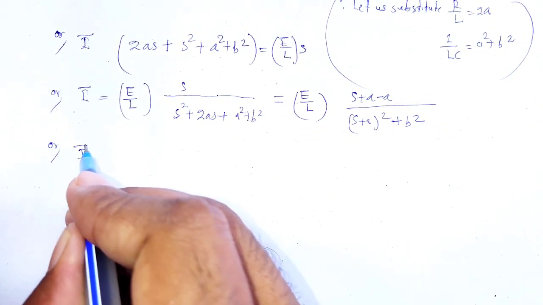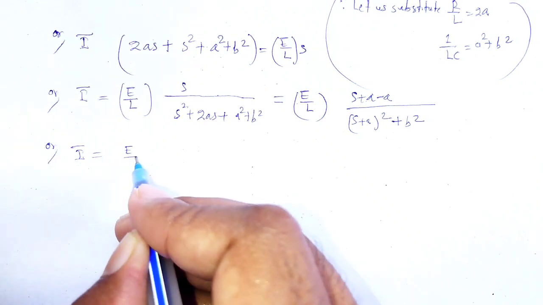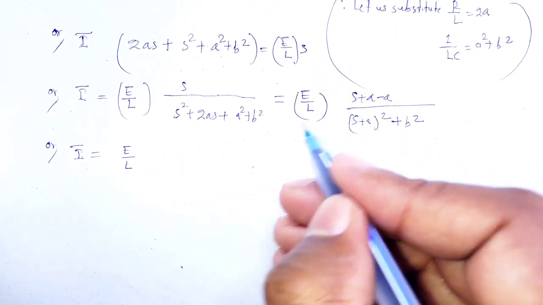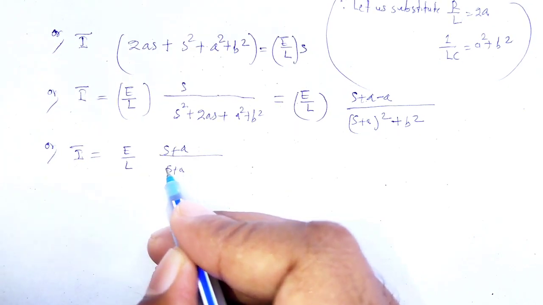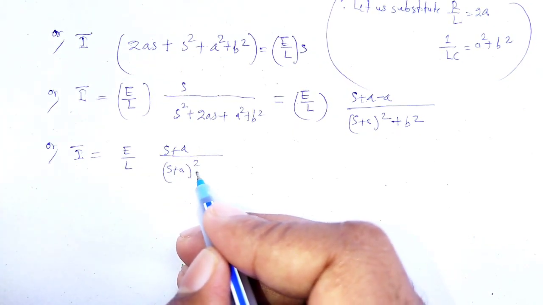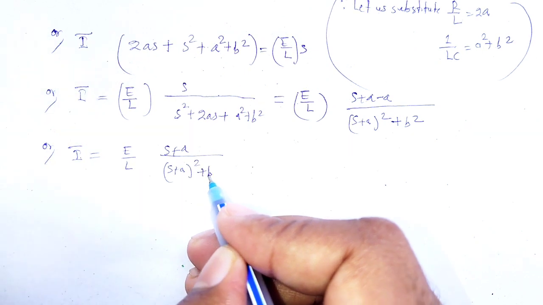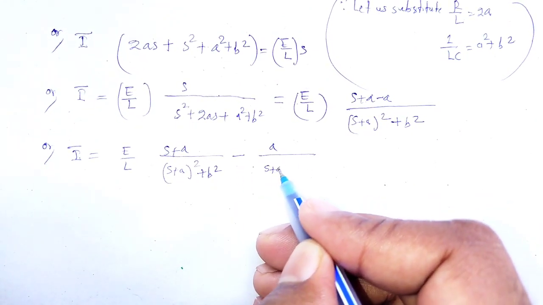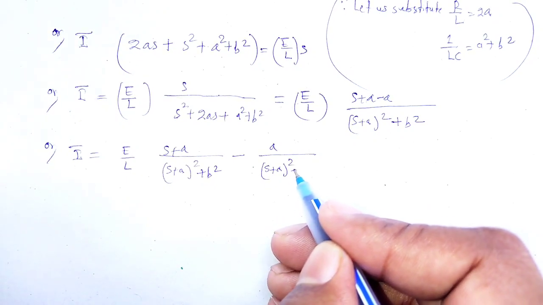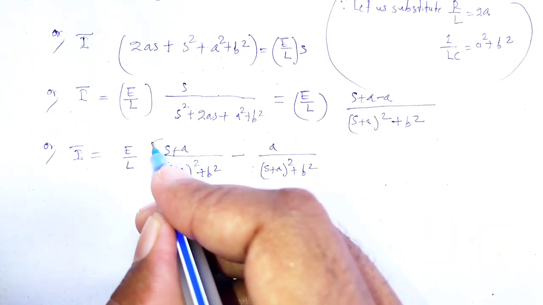Or I bar is equal to E by L, S plus A divided by S plus A square plus B square, minus A divided by S plus A square plus B square.